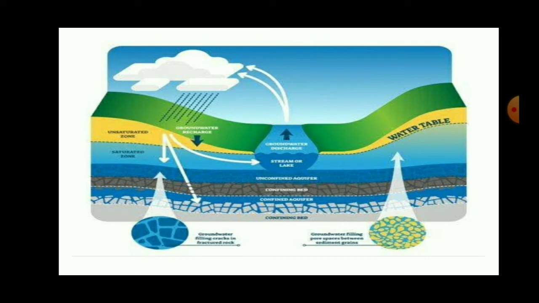This downward movement of the rainwater continues till it encounters a non-porous rock. When this seeping water comes across a non-porous rock, it will accumulate there, and then the horizontal movement of the groundwater begins.